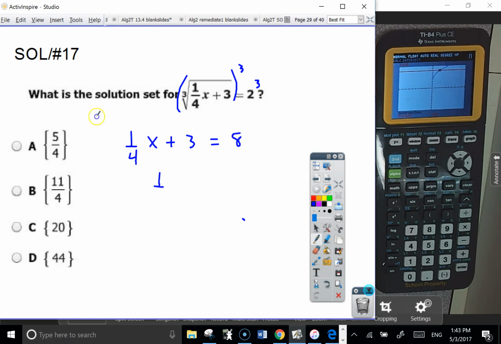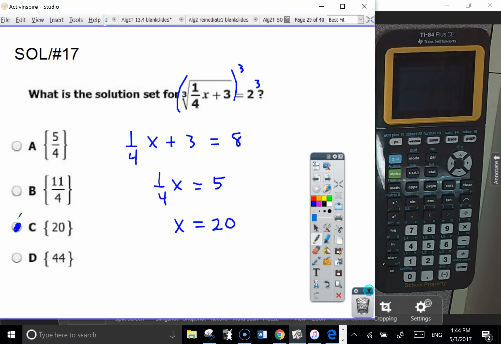Solve for x. 1/4 x equals 5. Multiply times 4. X equals 20. So again, you could back substitute, or you could solve as a system. So you have options here.